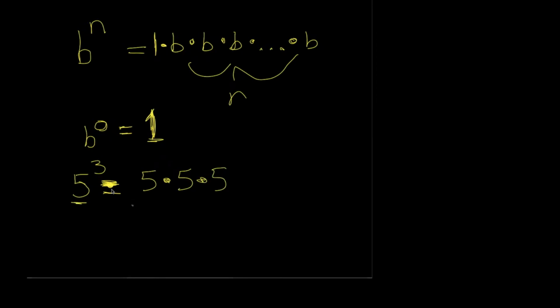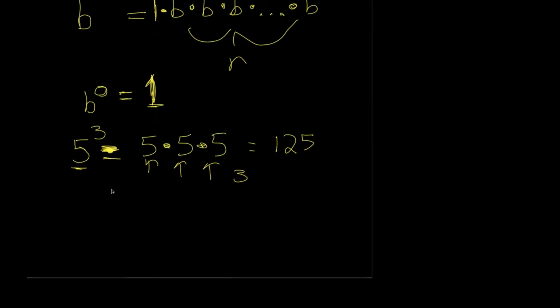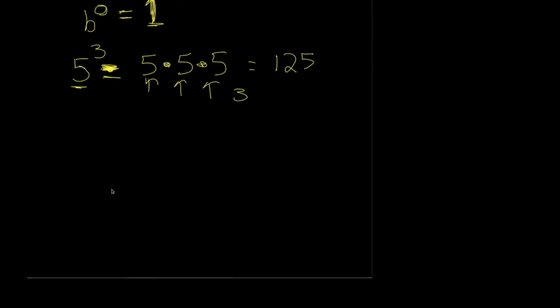I take the base and I multiply it 3 times. And 5 times 5 is 25. Multiply the other 5, and I will get 125. And so we're able to take our exponents and expand them back out to get an answer.